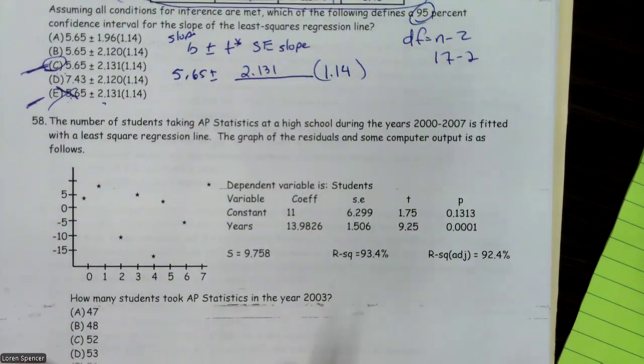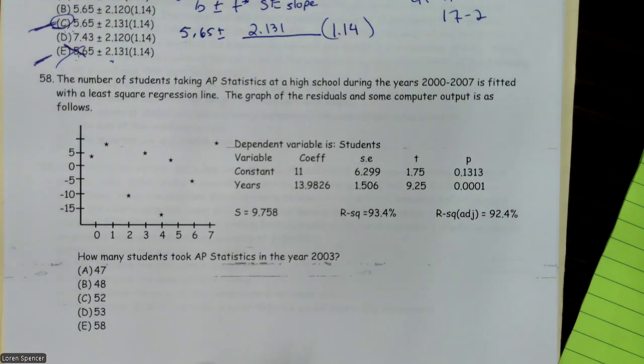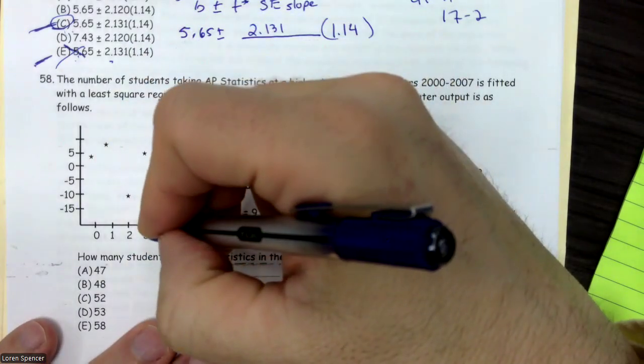Sorry about that. 58. The number of students taking AP statistics at a high school during the years 2000 to 2007 is fitted with a regression line with the least squares. The graph of the residuals of some of the computer output is as follows. How many students took AP Statistics in the year 2003? Well, first off, this is the year 2003.